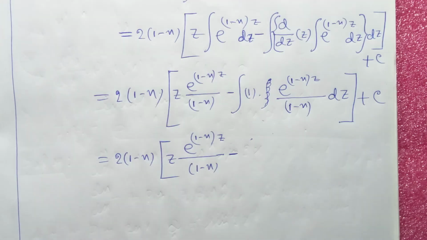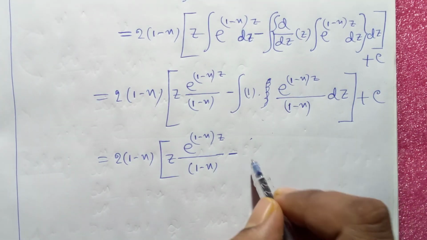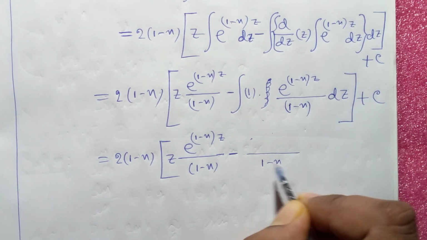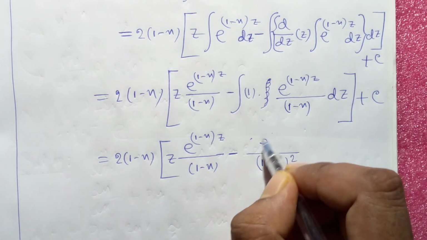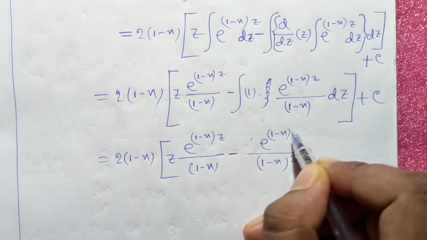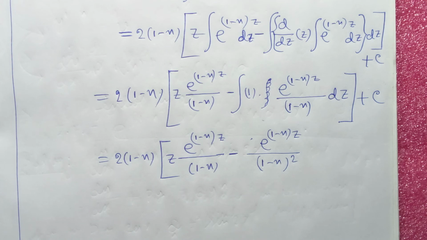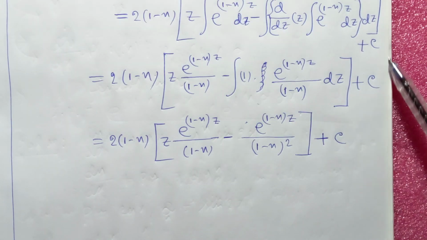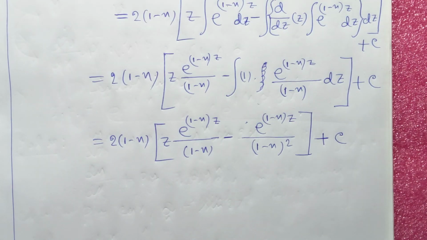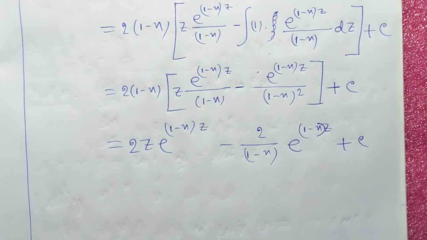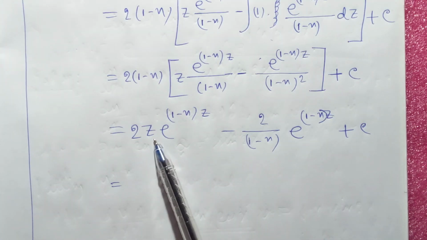After the integration of this part, we ultimately get 1 minus n whole square into e to the power 1 minus n z. Here c is the arbitrary constant of integration, which ultimately gives, here we shall put z is equal to sin x.